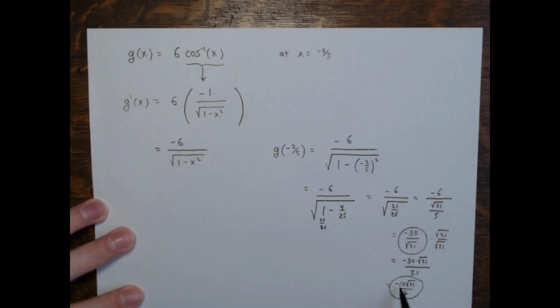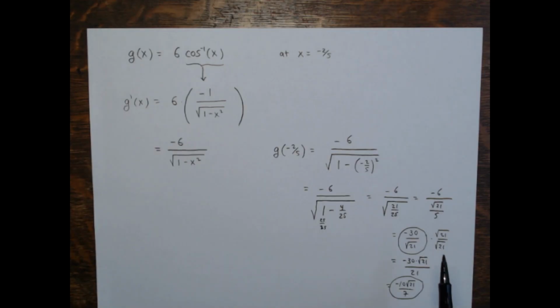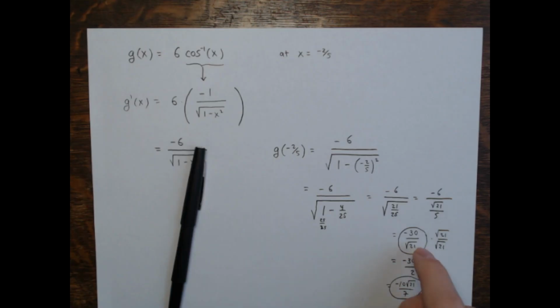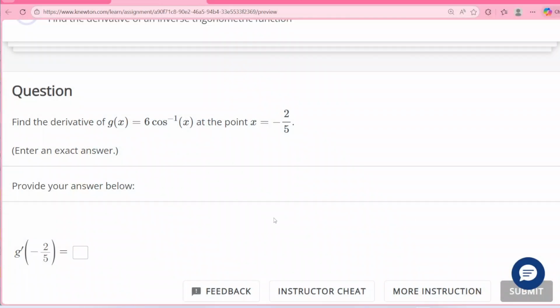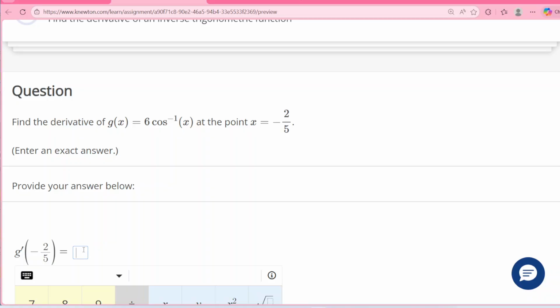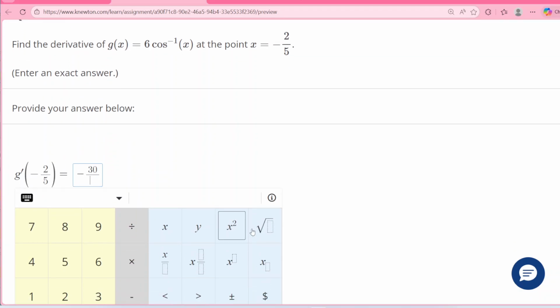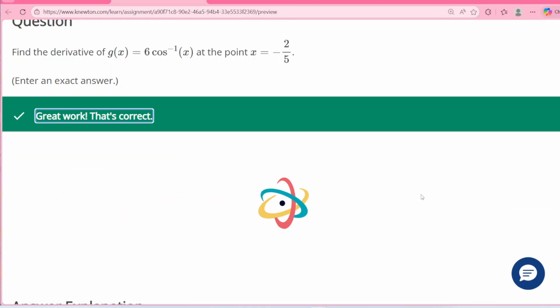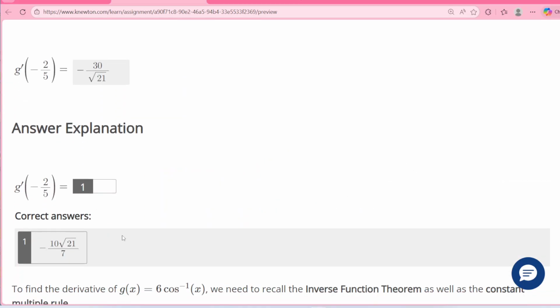This is probably how they're going to have it, because remember how back in pre-calc or algebra they wanted you to rationalize denominators a lot of the time, but they're only asking for an exact value. They didn't say anything about rationalizing denominators. So I'm going to enter that first one that I got, -30 divided by the square root of 21. Great. Yeah, see, they got the rationalized version of that I wrote.